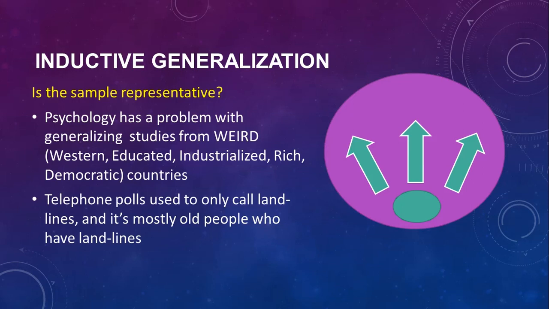But if you're doing a psychology study about altruism or how people cooperate or any of those really complex human behaviors, and all of your people are from this very narrow slice of the population, you might worry about whether this sample is representative. It doesn't matter how big that is. You could have 10,000 people in that study. It's still not going to be representative necessarily of the larger population.